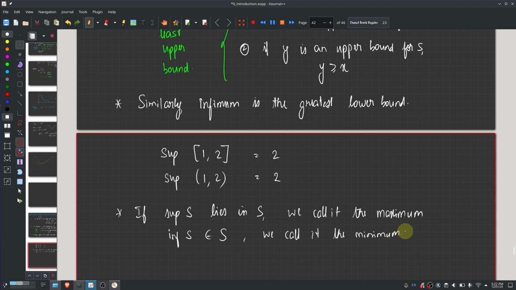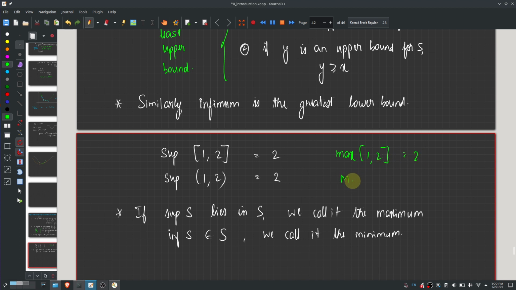Okay. So let's go back to this particular example. In both these cases, the supremum exists and is equal to 2, correct? But what about the maximum? What is the maximum of this first set? Maximum of this set 1 comma 2 is equal to 2.